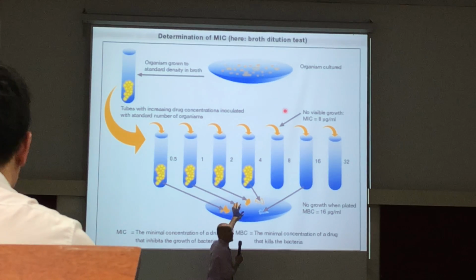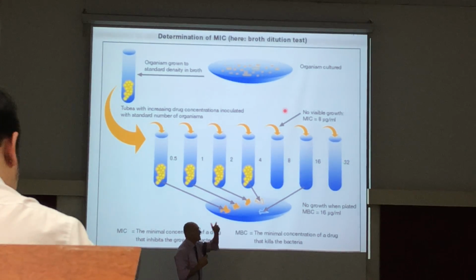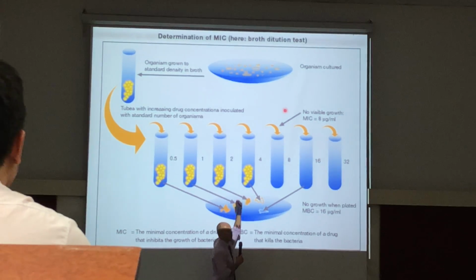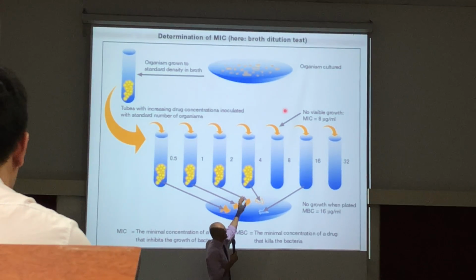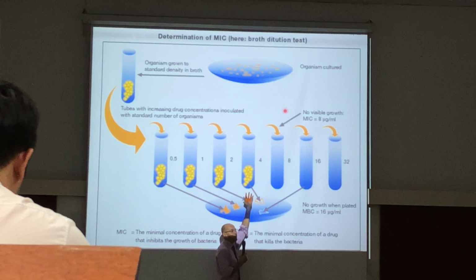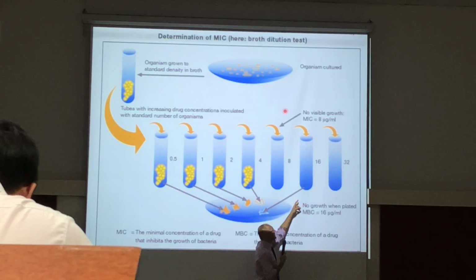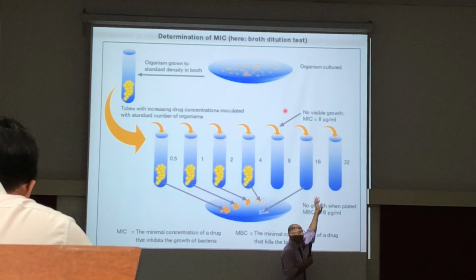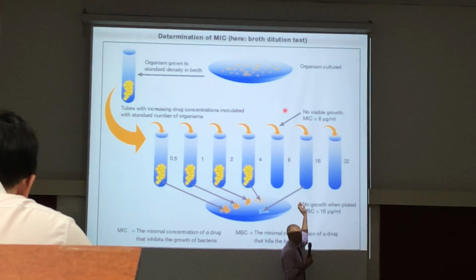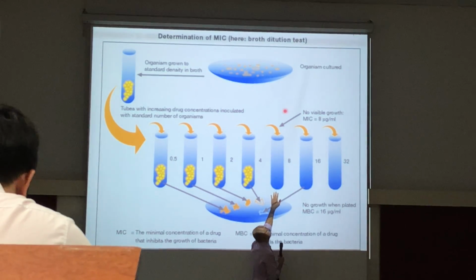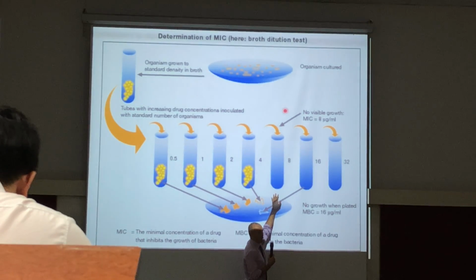If you see that your sample is not clear, like in this case where you can find such kind of particles inside, it means that the bacteria are still there, they are multiplying. If it's clear, it means that the bacteria do not grow. So this is the MIC of the compound.